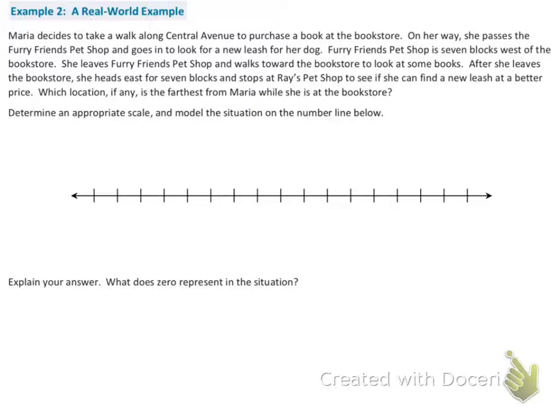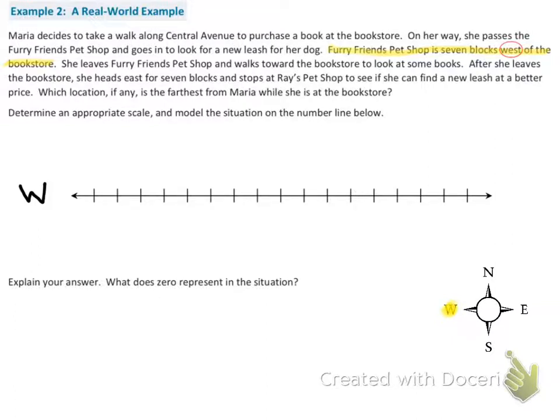Which location, if any, is the farthest from Maria while she's at the bookstore? So let's break this apart. We know that Furry Friend's pet shop is 7 blocks west of the bookstore. I'm just going to circle west, and I'm going to cheat and look at this compass rose. I know that west is located to the left, so I'm going to label this W for west, just to help me with my word problem.